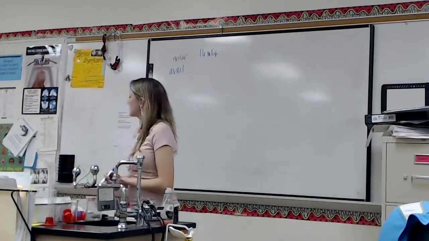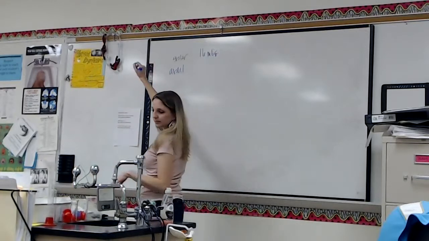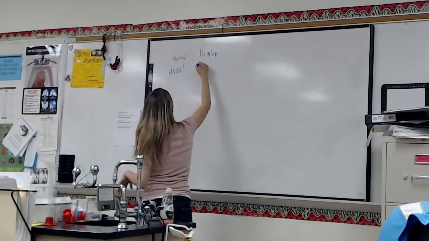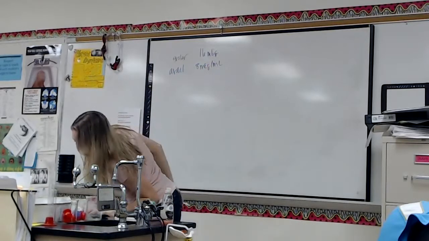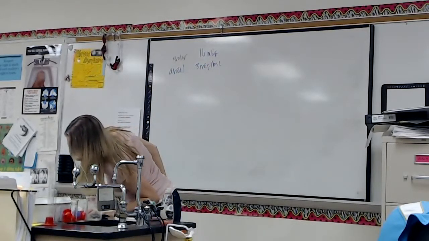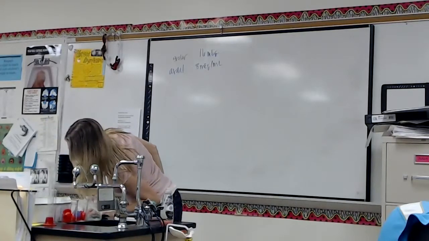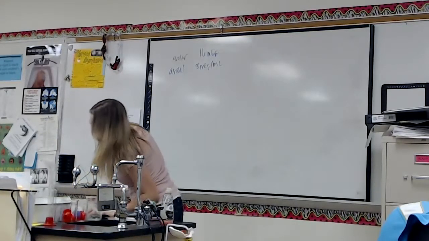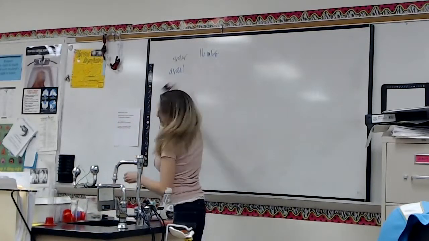Okay, so what's available? What's our strength available? 8 milliequivalents per 5 milliliters? Hey, are we on 1 or 2? 1. We're on 1. 40 milliequivalents, 2 milliequivalents per milliliter.